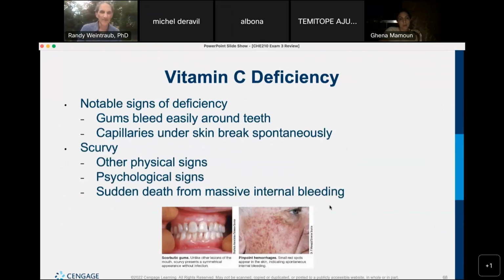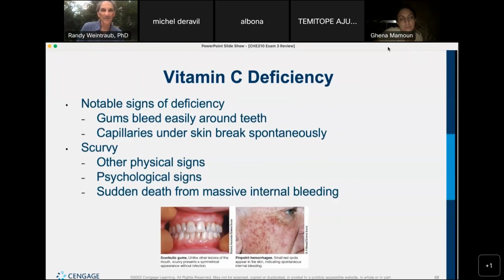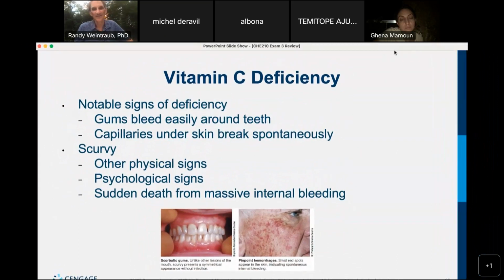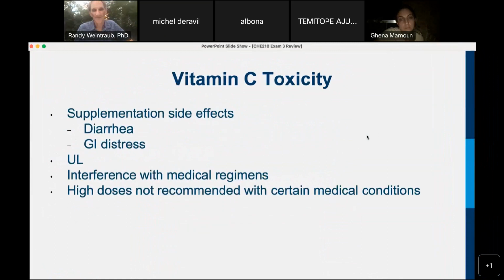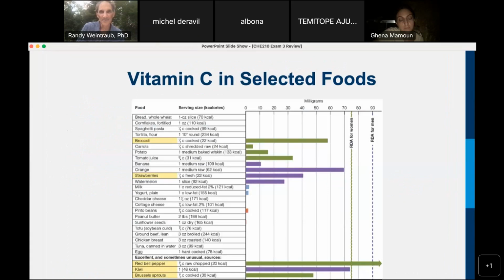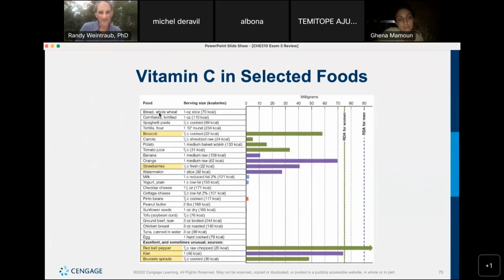So here's that bleedy gums, weak capillaries, and scurvy was what was identified as that kind of disease or set of symptoms that they saw in sailors at sea that ran out of vitamin C containing food. And here are sources of vitamin C. You can see down there at the bottom, colored vegetables and fruits.